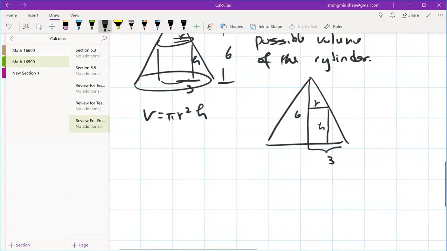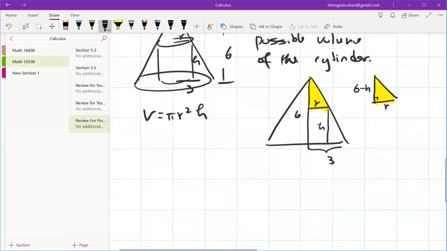That's not given directly. So how do you do that? Well, this smaller triangle is similar to the larger triangle. Now, what is this? It's 6 minus h, because the whole height is 6, and then you subtract the height of the cylinder. Then you get the height of that triangle. So this smaller triangle is similar to the larger triangle.